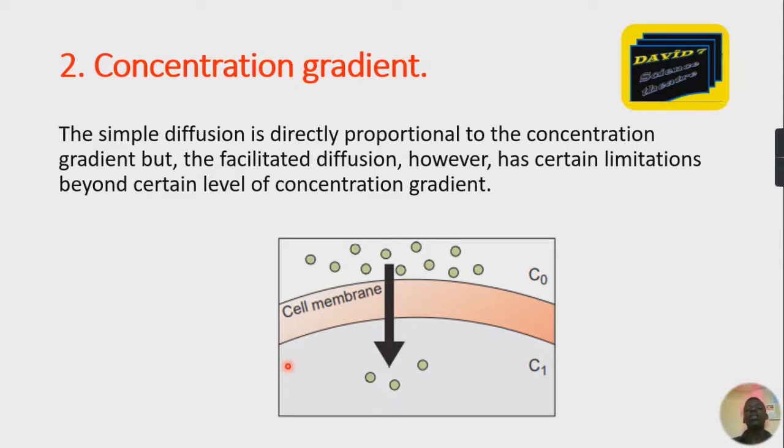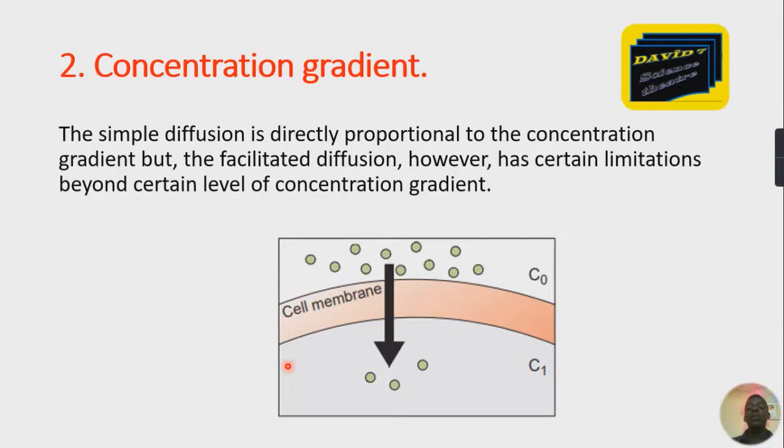Simple diffusion is directly proportional to the concentration gradient, but facilitated diffusion, however, has certain limitations beyond a certain level of concentration gradient. Above this level, other factors will limit it, as we've seen, such as maximum occupation of the sites, saturation of the protein channels.